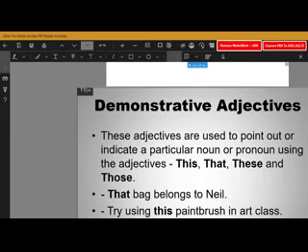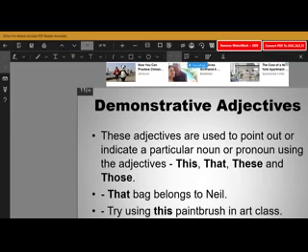Here it is written demonstrative adjectives. Demonstrate, you know that, something that is narrating. So these adjectives are used to point out or indicate a particular noun or pronoun using this, that, these, those. Generally, if an object near to us is singular, we call it this. If that singular object is far from us, we call it that.